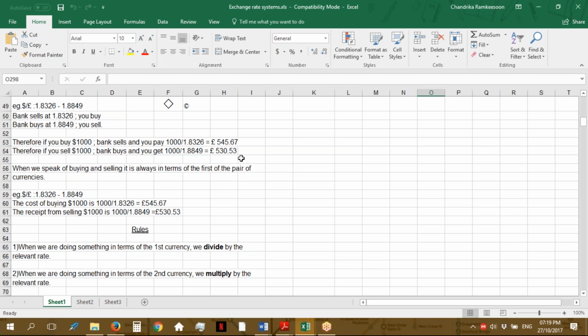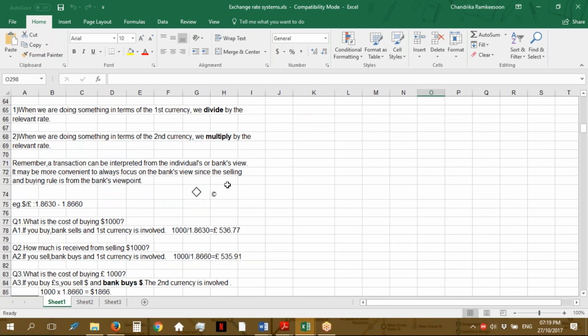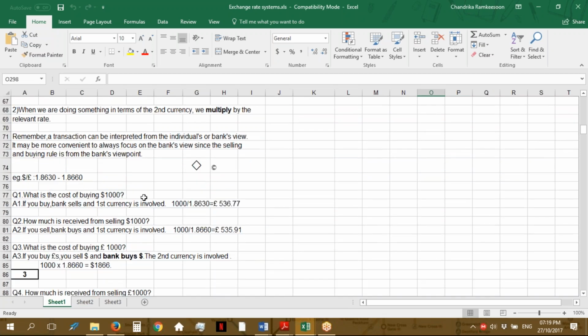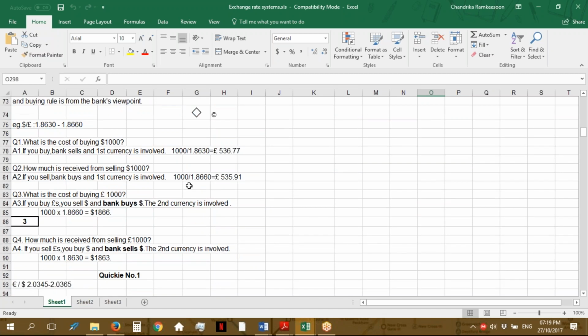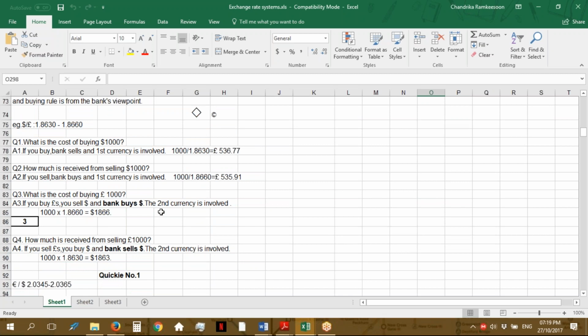So that is important. Now, again, in case you've forgotten your divide and multiply rules, I have them here. Some simple examples which go through them. As I said, I'll leave that for you to go through, but if you have any problems as you go through it, of course, you can just send me a question.